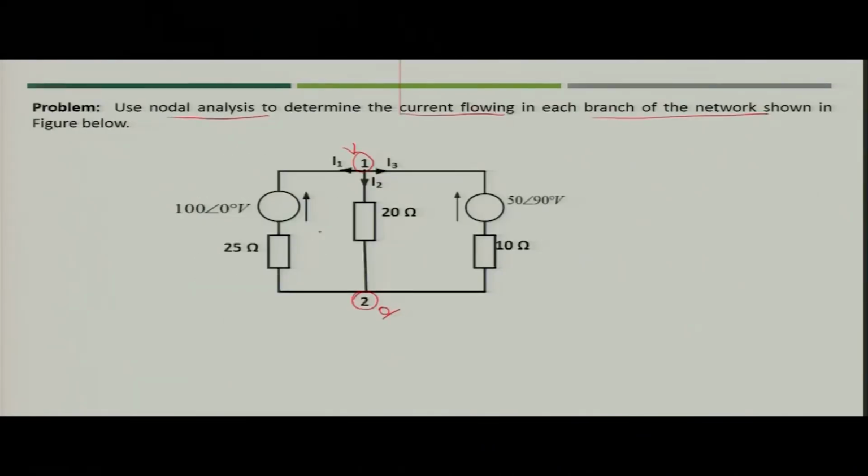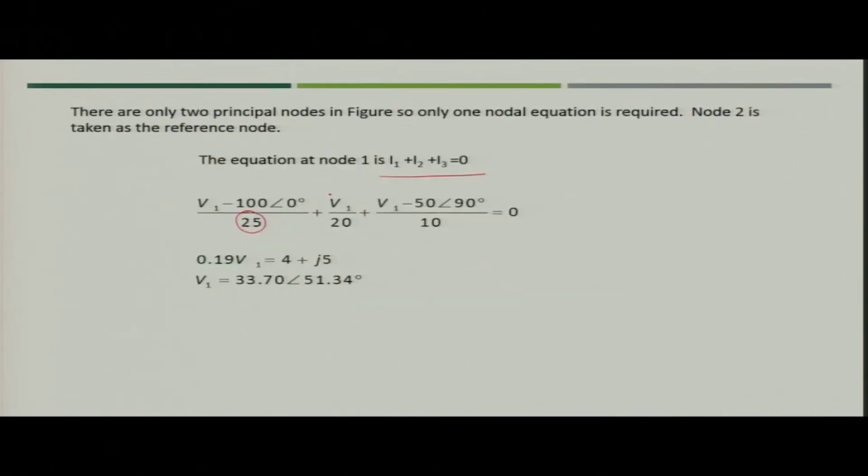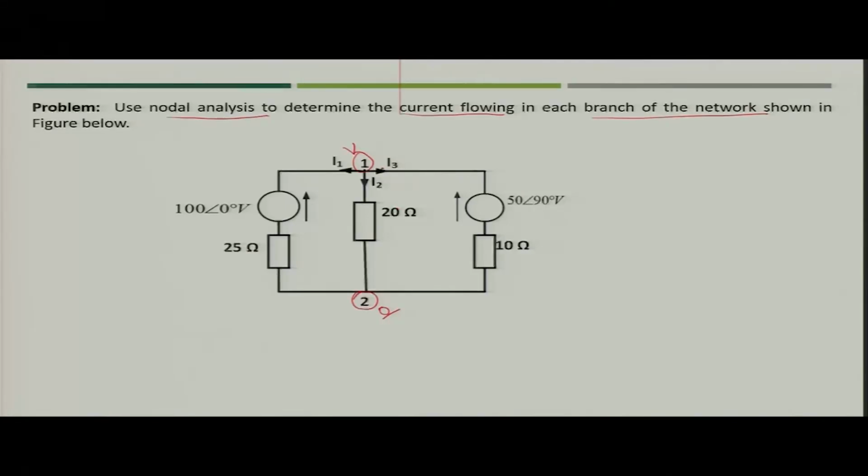So, you got the value for I1. Similarly, what is I2? You get V1 divided by 20 ohm, because the reference voltage is 0. So, I2 is nothing but V1 by 20. Now, what is I3? I3, in this case, would be V1 minus the voltage divided by 10 ohm.